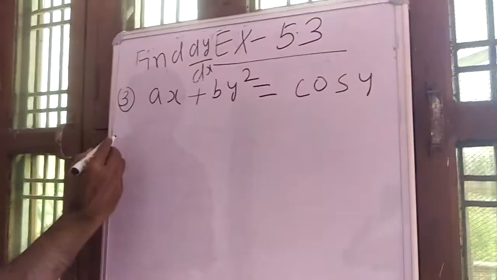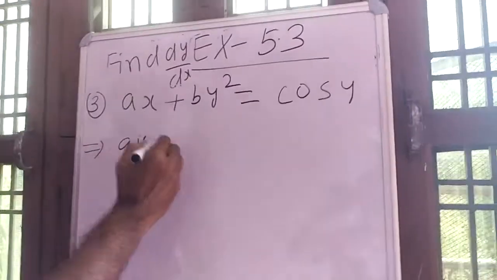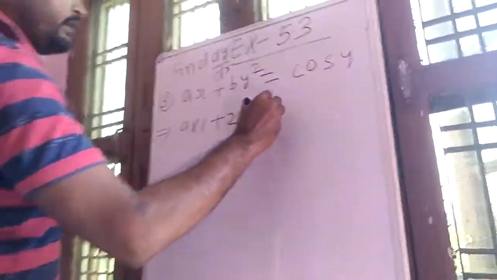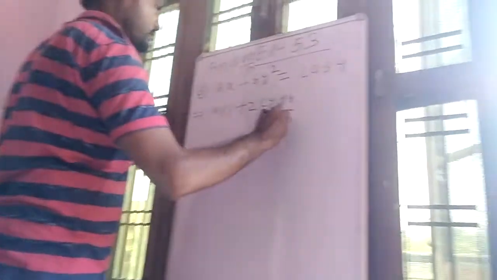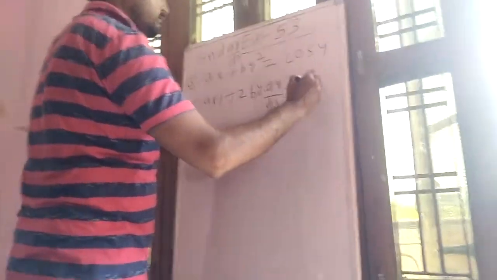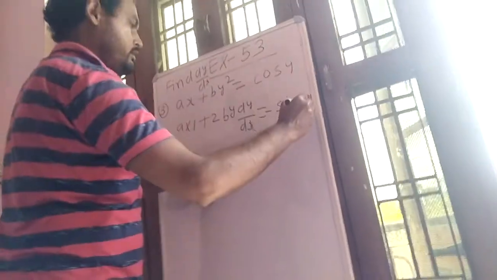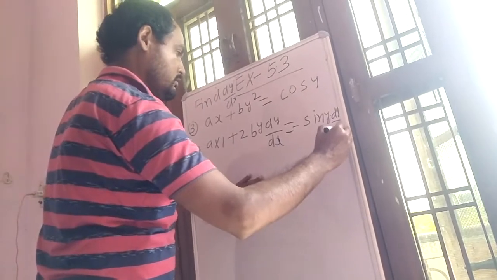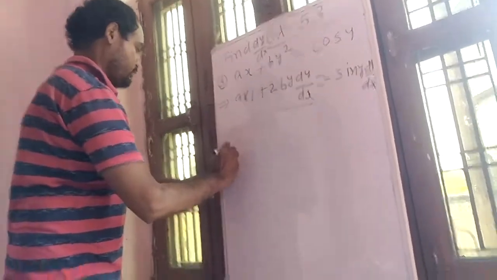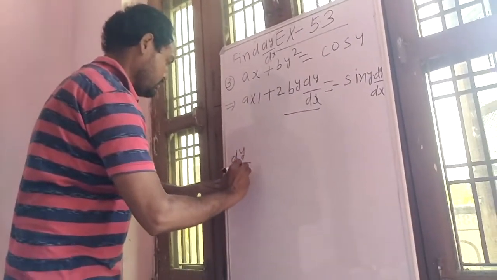Now the next question, ax + by² = cos y. First of all we follow the same process: differentiation of x is 1, and this is 2by into dy/dx. And cos y gives minus sin y into dy/dx. First of all, separating on the LHS, we take dy/dx common.